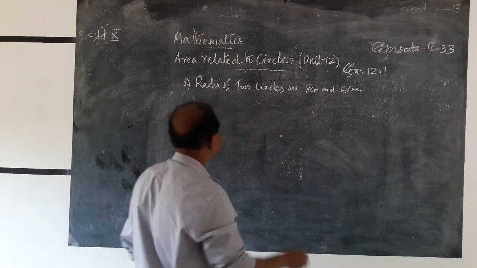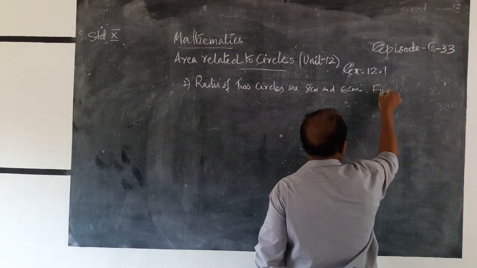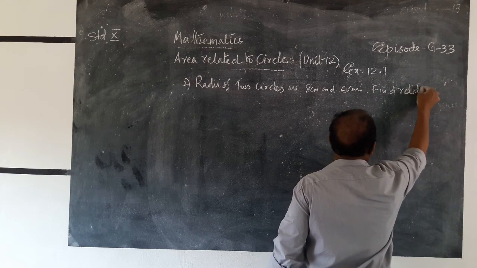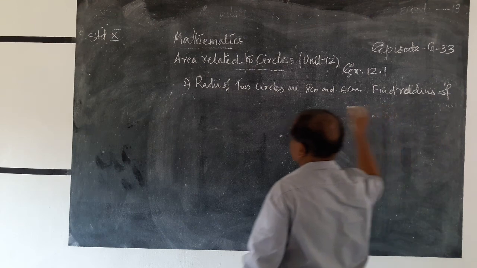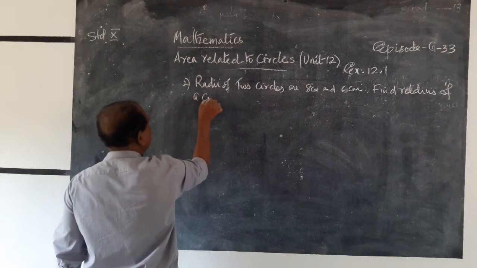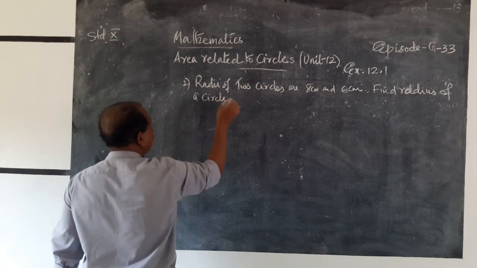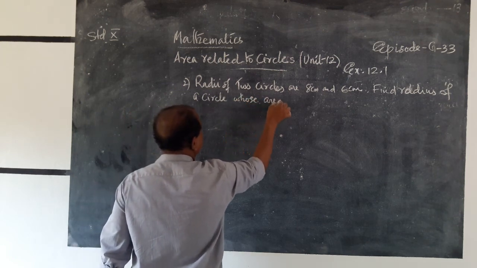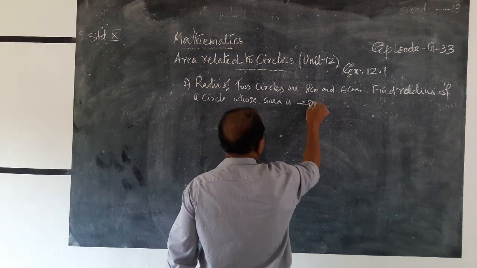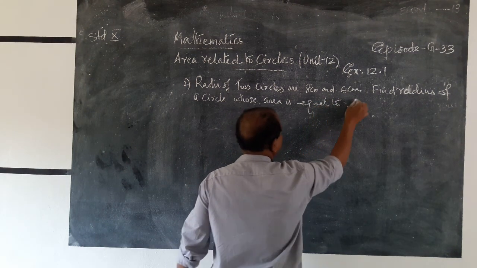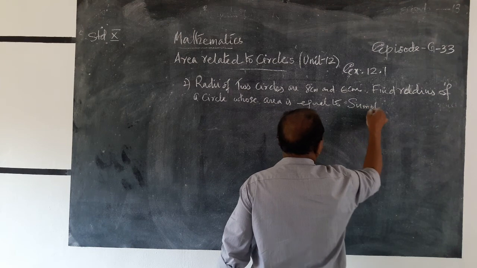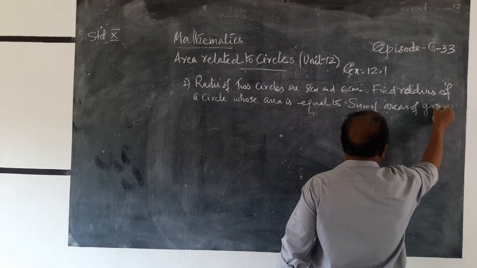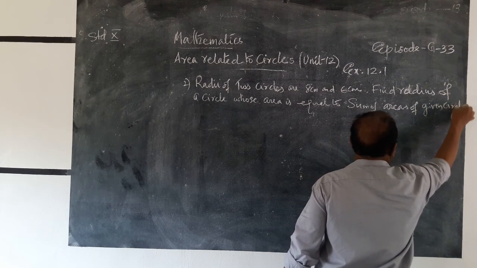Find the radius of a circle whose area is equal to the sum of the areas of the given circles.